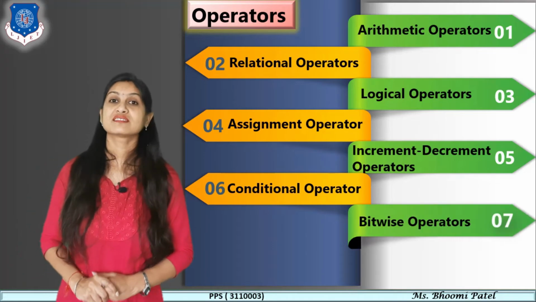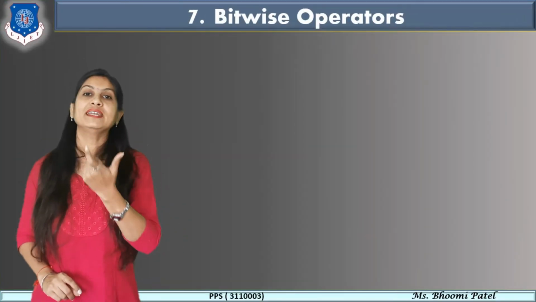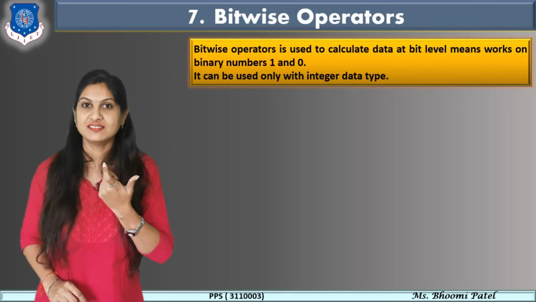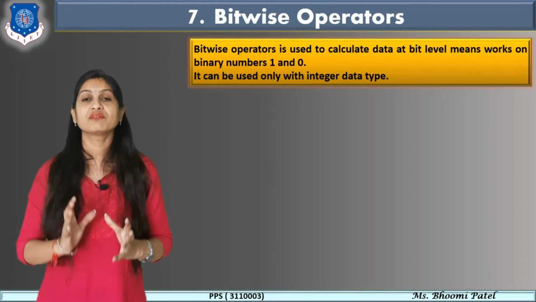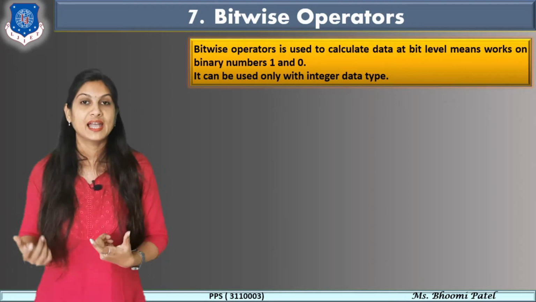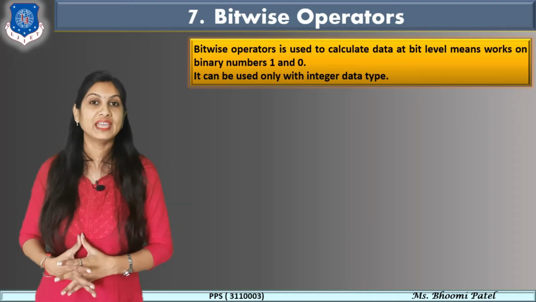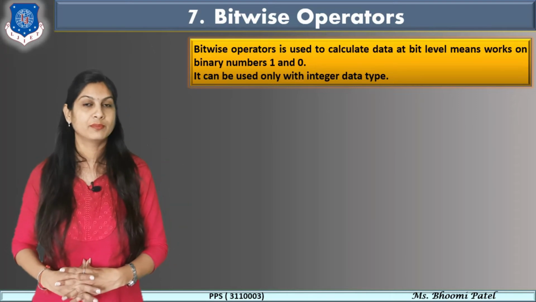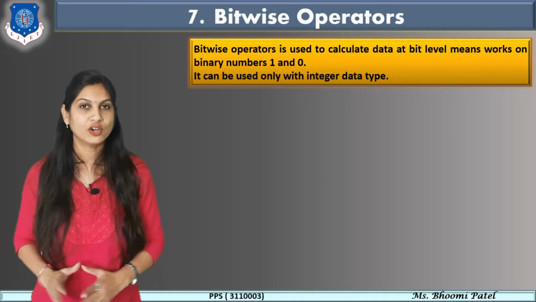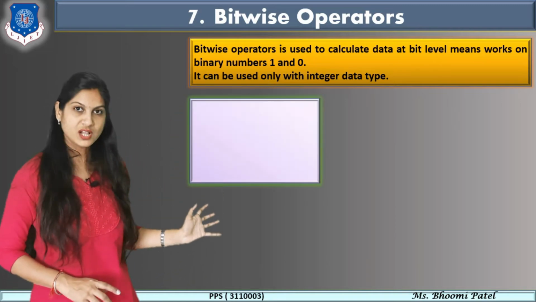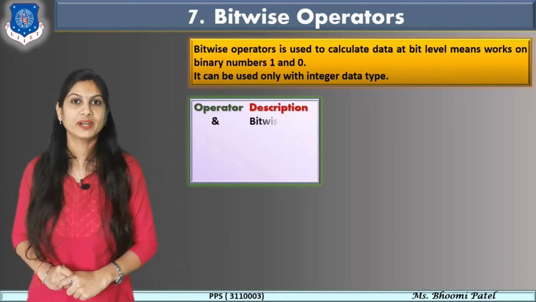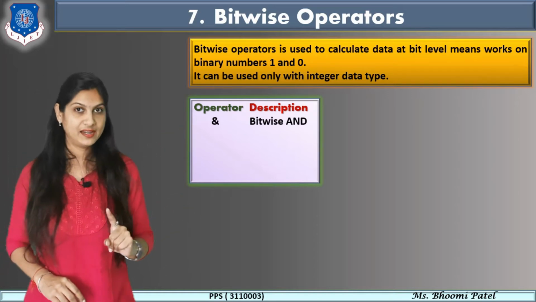Now the next operator is the bitwise operator. According to its name, it operates on the bit level. Bit means binary digit, so this operator works on 0s and 1s, and it is only used with the integer data type, not for float, double and others. See here the symbols which are used for bitwise operators, that is single AND.